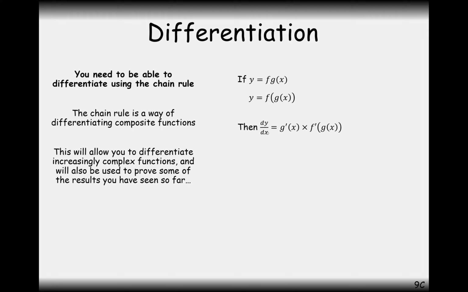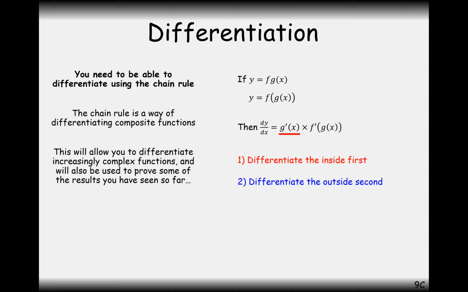And the way you differentiate this is to first differentiate the inside function, so the g function first, or whatever function has happened to the x first, and then times that answer by the differential of the outside function in terms of the inside function. So you differentiate the outside function but keep the inside function inside that function.